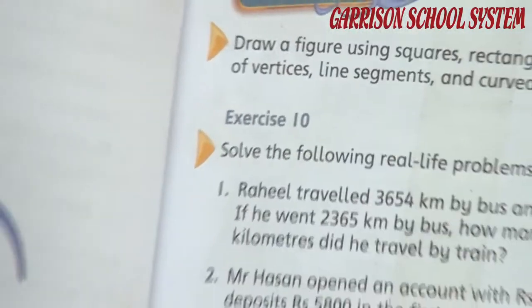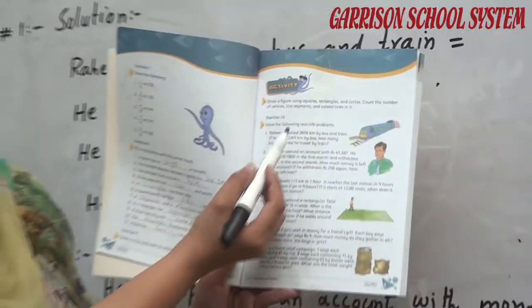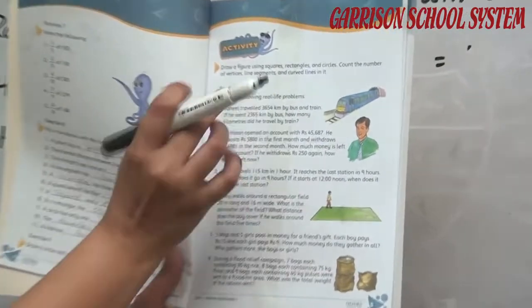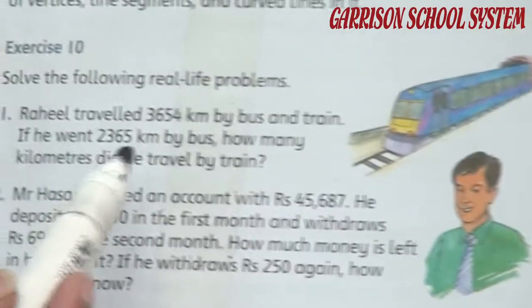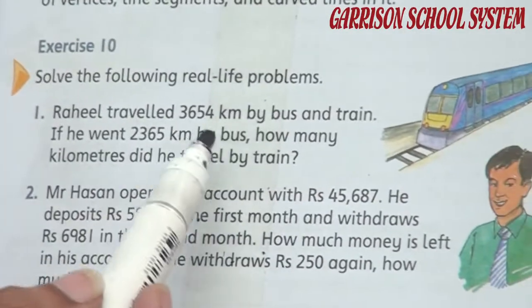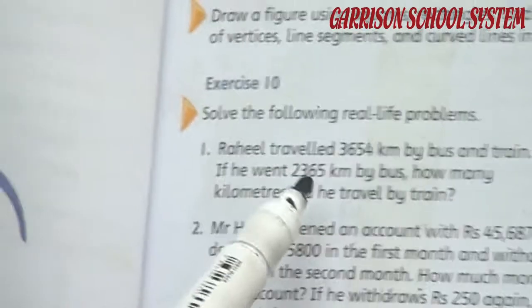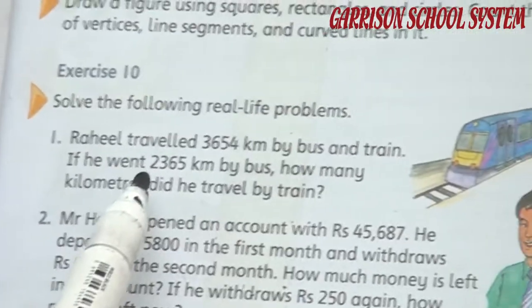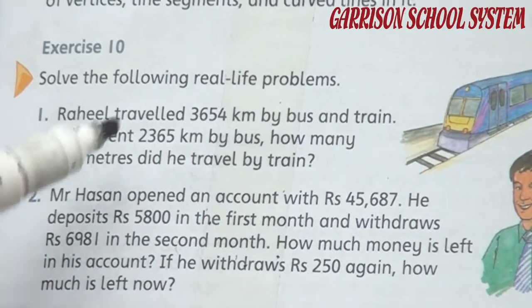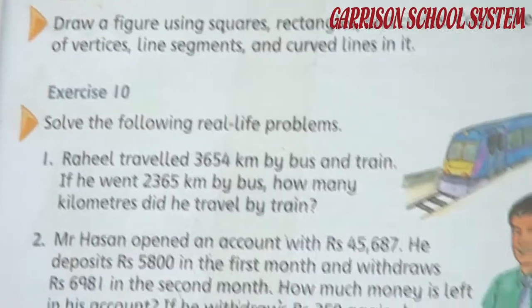It means we have to subtract the distances. If we subtract the distance covered by bus, then we can find out the distance covered by train. So let's start.